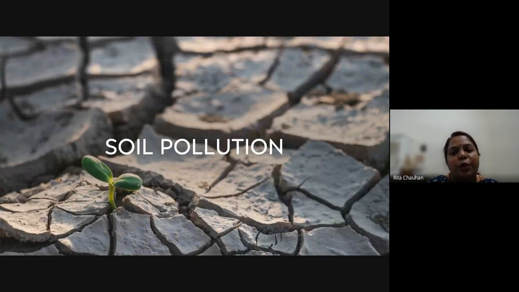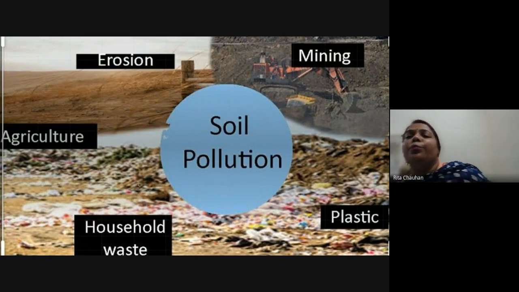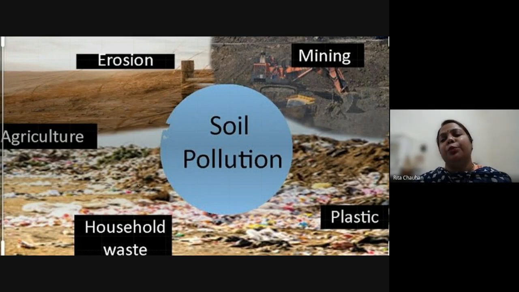Now we come to soil pollution. Soil pollution is in mining areas. We do the blasting of underground mines, which is causing pollution. Then we have plastics, which are a huge source of soil pollution. Then garbage, household waste, landfill sites, these are also major sources of pollution.